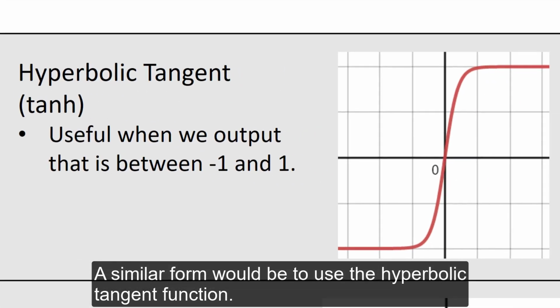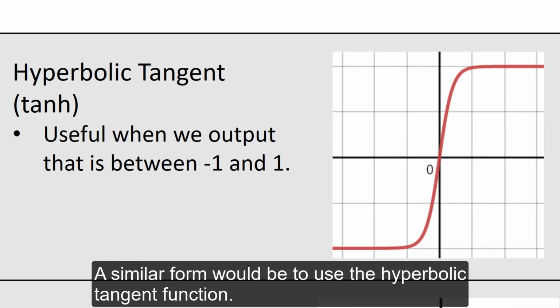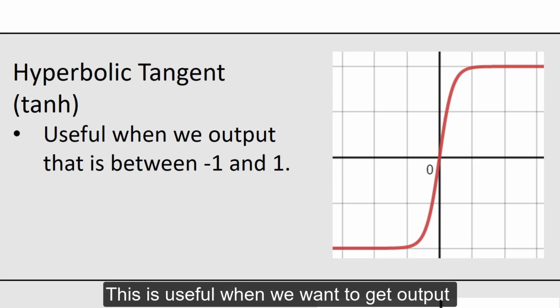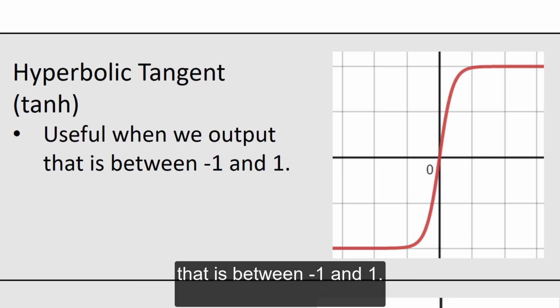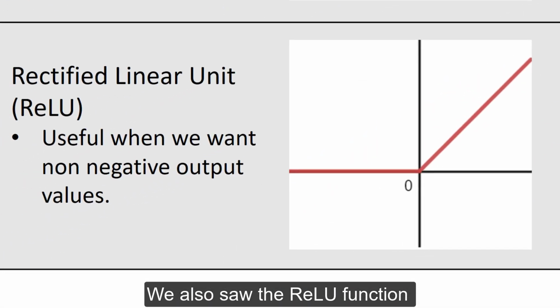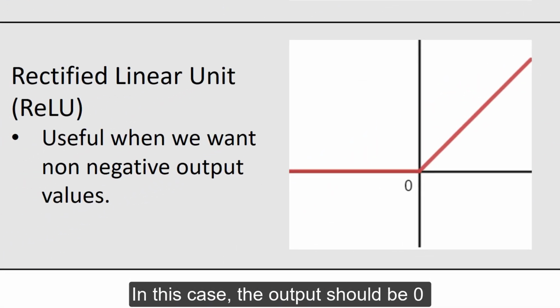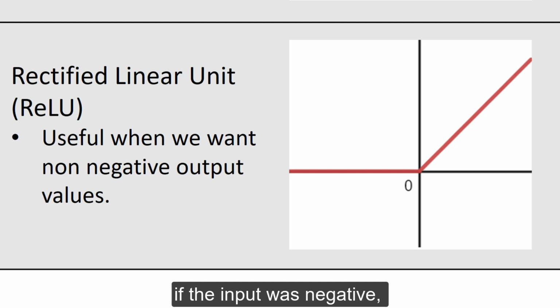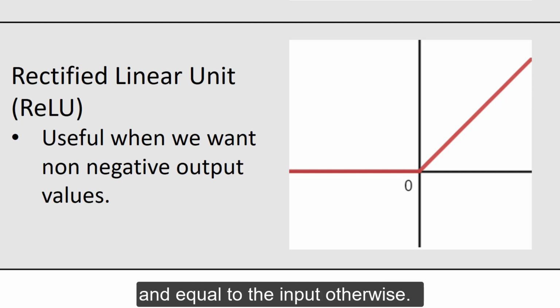A similar form would be to use the hyperbolic tangent function. This is used when we want to get output that's between -1 and 1. We also saw the ReLU function when we worked with the XOR. In this case, the output should be 0 if the input was negative, and equal to the input otherwise.